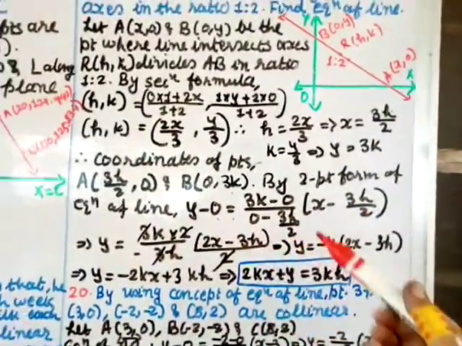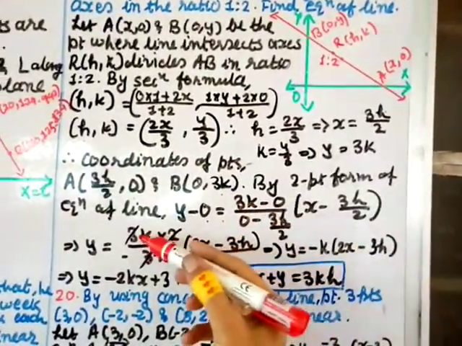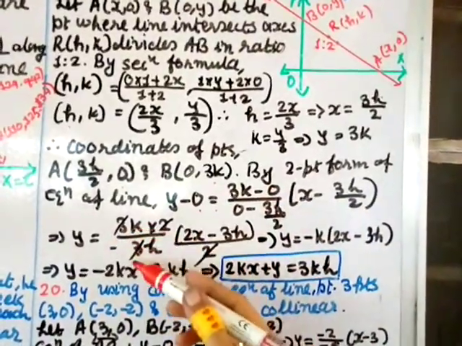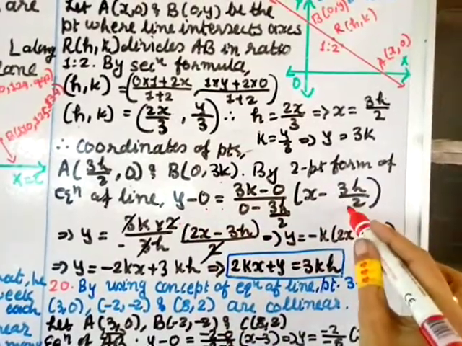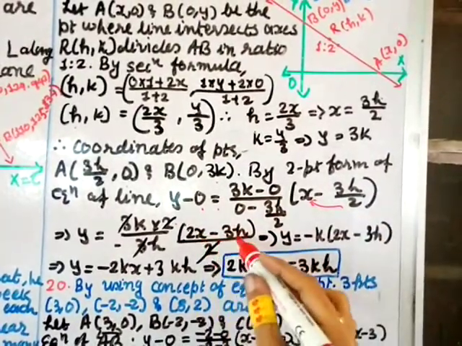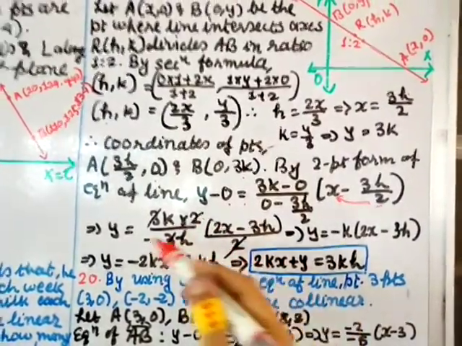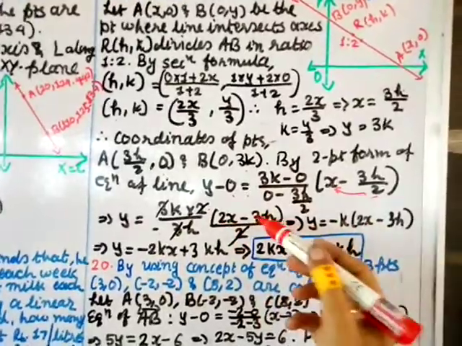Okay, so what you get is y as it is, this 3k divided by 3h divided by 2, this 2 I am taking up, so you get 3k divided by 3h, this 2 is taken here. And here I am taking the LCM, so here I get 2x minus 3h divided by 2, so these 3 cut and these 2 cut. Okay, so what you get, y is equal to minus k (2x minus 3h).